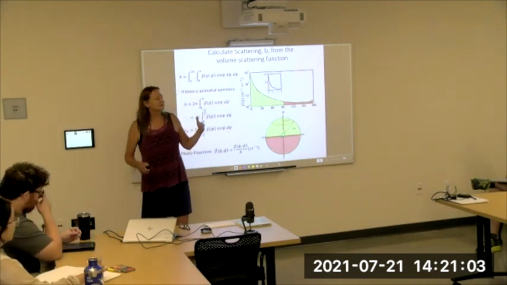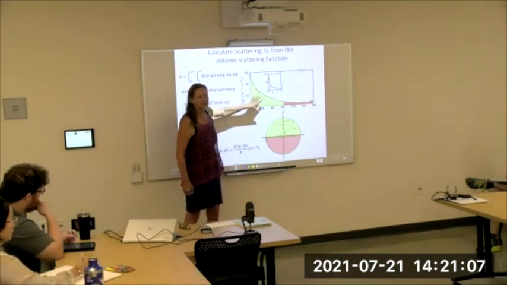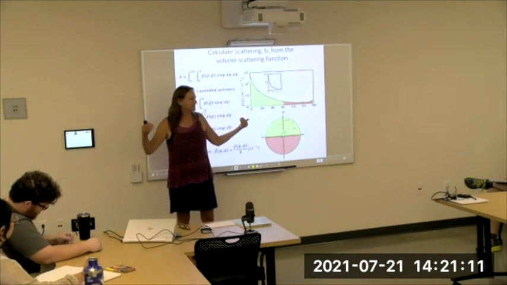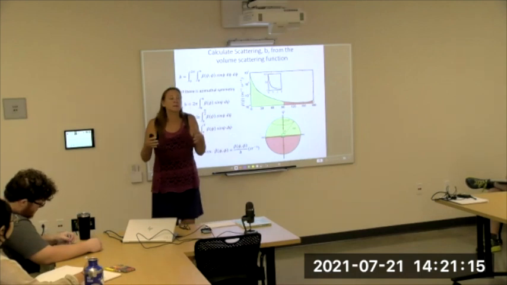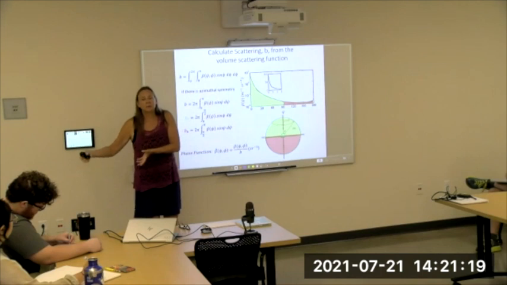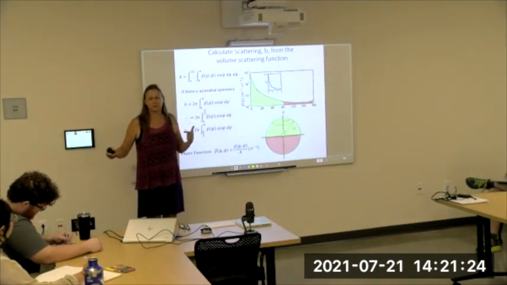So that changes the magnitude, and it lets you compare the angular dependence without being concerned about how much scattering something has. If you wanted to compare a really turbid part of the ocean with a really clear part, yes, one will have more scattering, but what's the angular distribution?